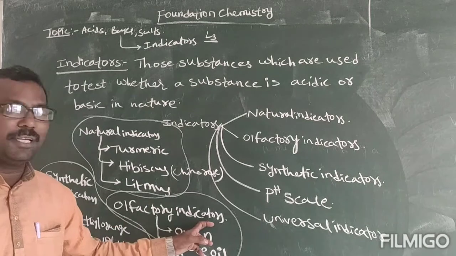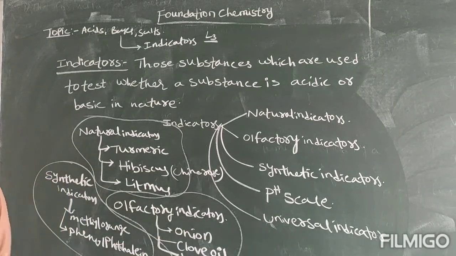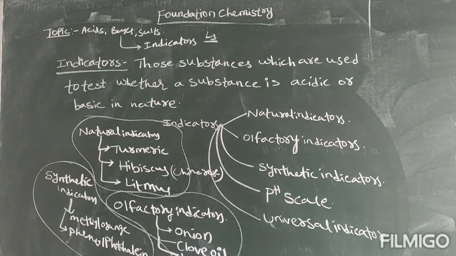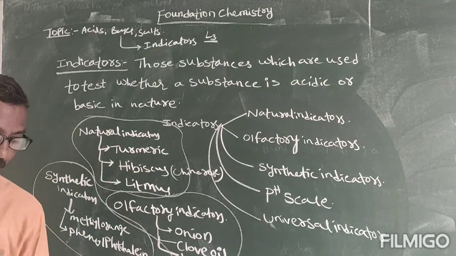All the olfactory indicators will change their smell when they are passed through the bases, and they won't change their smell when they are passed through the acids. Next is synthetic indicators. These are artificially prepared indicators. Okay, methyl orange and phenolphthalein. We will have the discussion in detail regarding what is what. You please make a note of this.